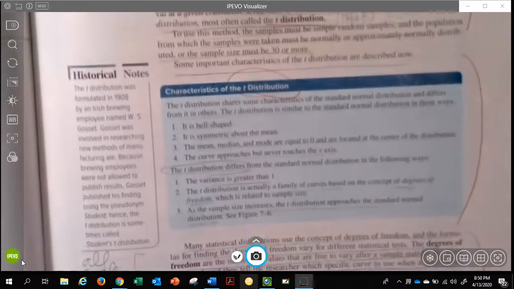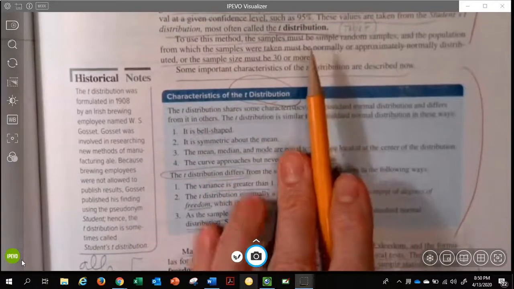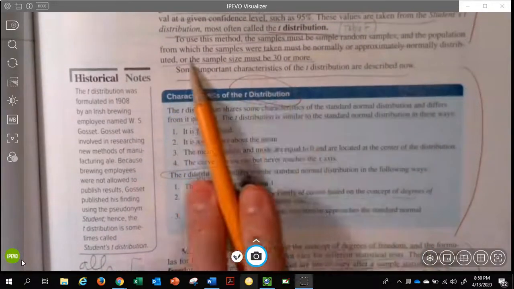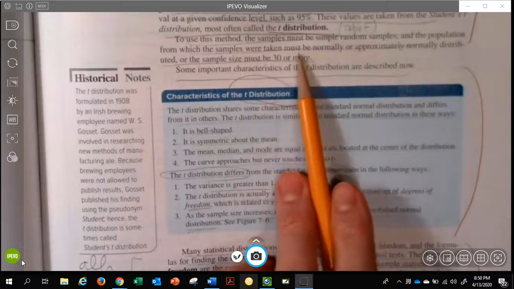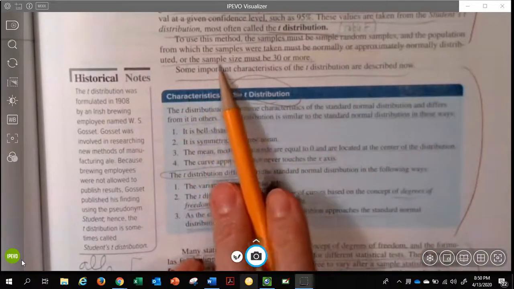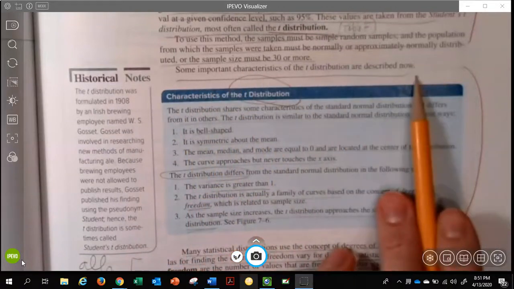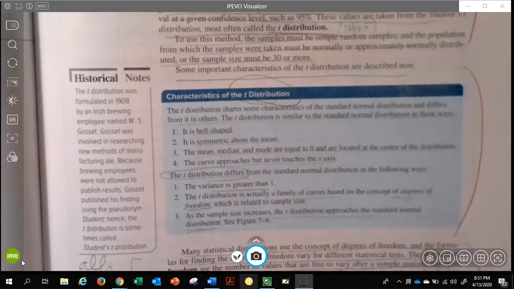To use this method, the samples must be simple random samples, and the population from which the samples were taken must be normally or approximately normally distributed, or the sample size must be 30 or more. Some important characteristics of the t distribution are described now.